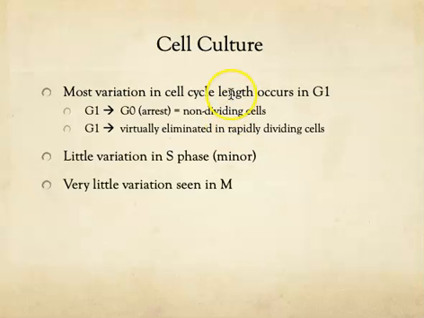So it depends on the cell how long the generation time is going to be. Most of the variation in generation times comes in the G1. In rapidly dividing cells, G1 is very short. In slowly dividing cells, G1 is very long.